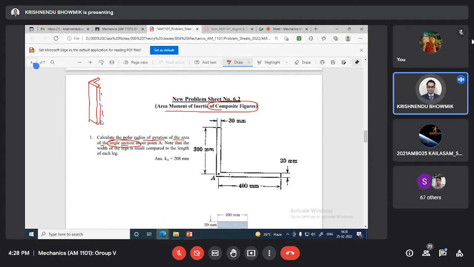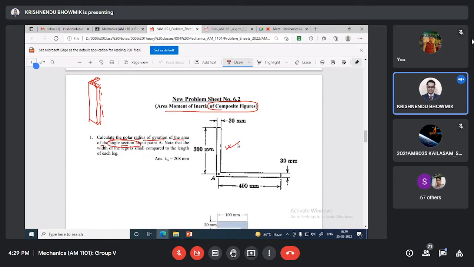So this is the cross section, a sectional area. This type of section will give very good resistance against buckling and bending. For torsion, generally a circular cross section we consider, but this will give a good amount of resistance against bending, against buckling, compressive load.